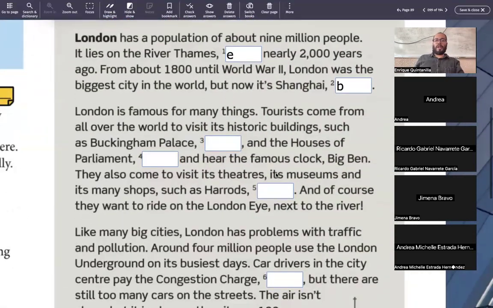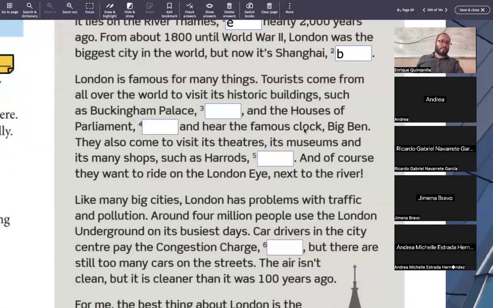Okay, so next part, number 3. It says, such as Buckingham Palace. Is it a place, a thing, or people? It's a place, so it has to be where.